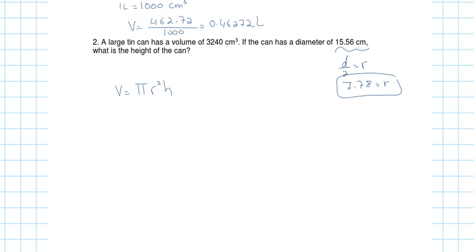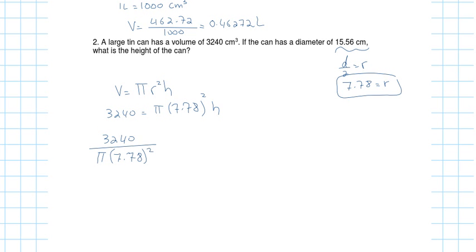Okay. Now you know the volume. So you're going to divide 3,240 by pi times 7.78 squared.